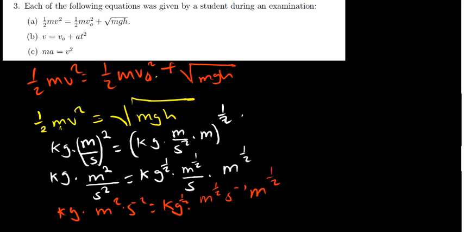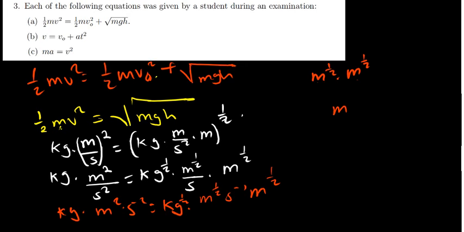Now, what is remaining? Do you know that we have got m to the power half times m to the power half? If the bases are the same, what do we do with the powers? So what is half plus half? It's going to be m to the power 1.